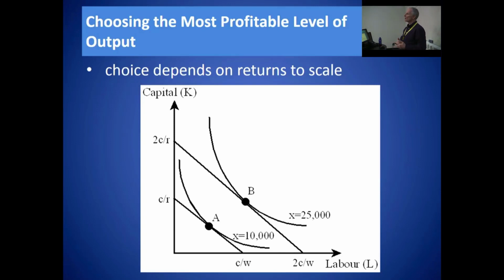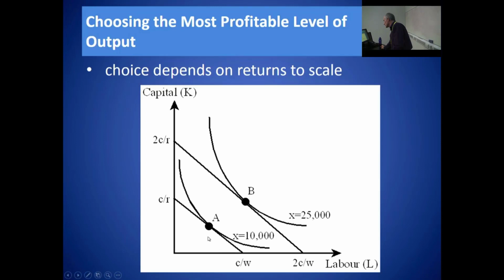The least cost combination way of producing 10,000 units of output is when the firm is on its lowest possible iso-cost line. That is that iso-cost line there that just touches the isoquant at point A. Okay? So nothing new from what we saw in the previous diagram. The firm wants to produce 10,000 units of output, and the way that it does that for the minimum cost is that combination there at A.